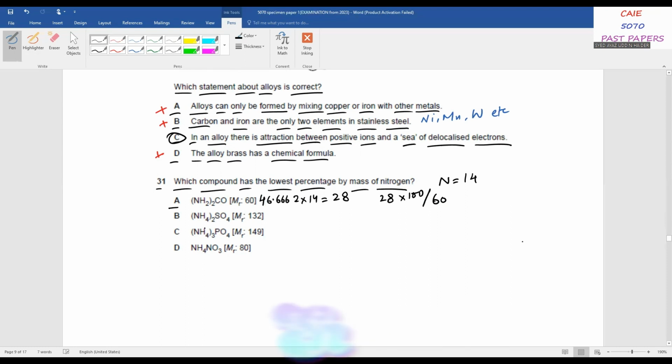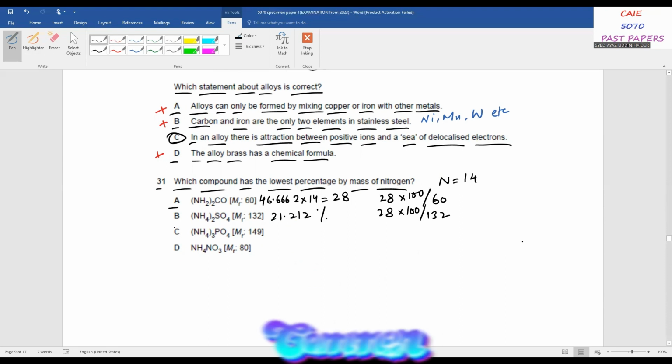46.666. For number 2, again you have two nitrogen. So it must be 28 multiplied by 100 and divided by MR, which is 132 here. This time you have 21.212%.